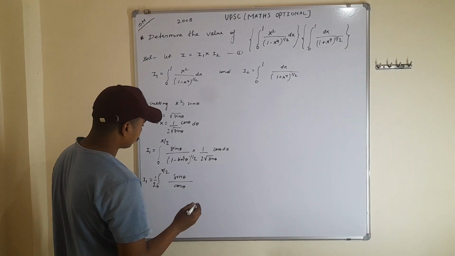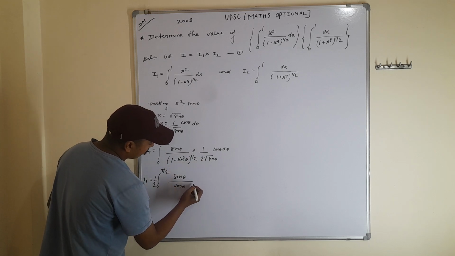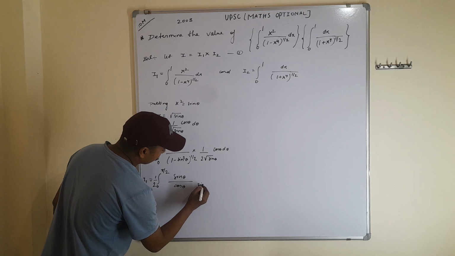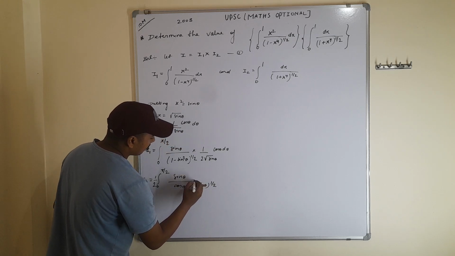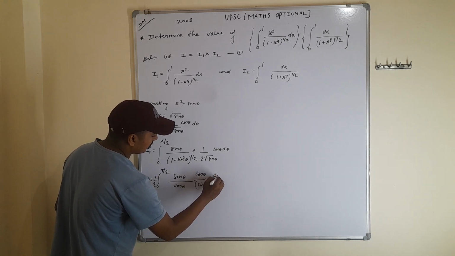Here the remaining is root sin theta, that is sin theta to the power 1 by 2, and in the numerator cos theta is already present, cos theta d theta.